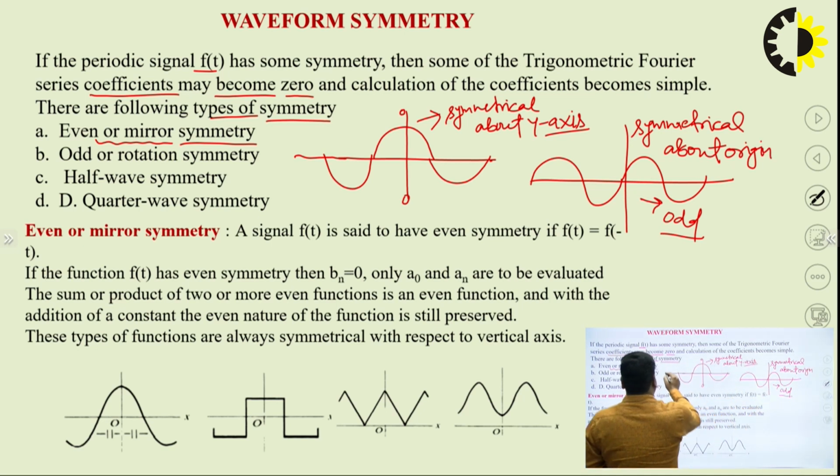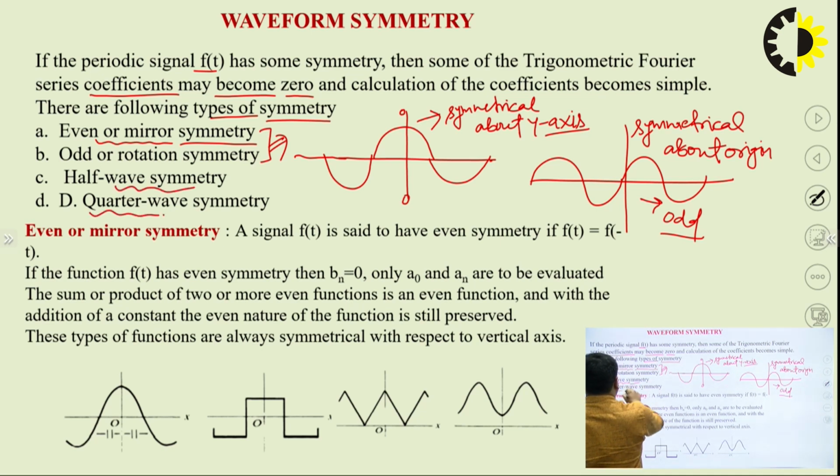These two are the main symmetries that we have to observe in any waveform. The third one is half wave symmetry, we'll discuss, and the last one, which is least important, is quarter wave symmetry. So here three are most important. Now we go through the derivation.